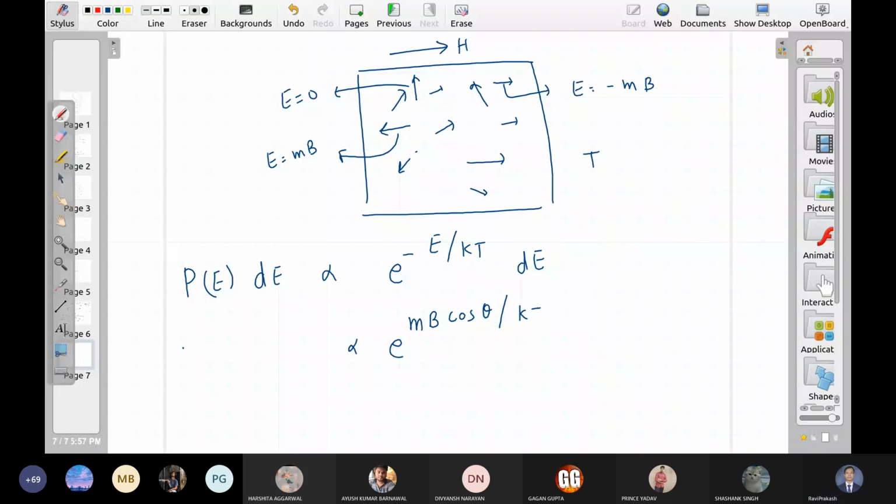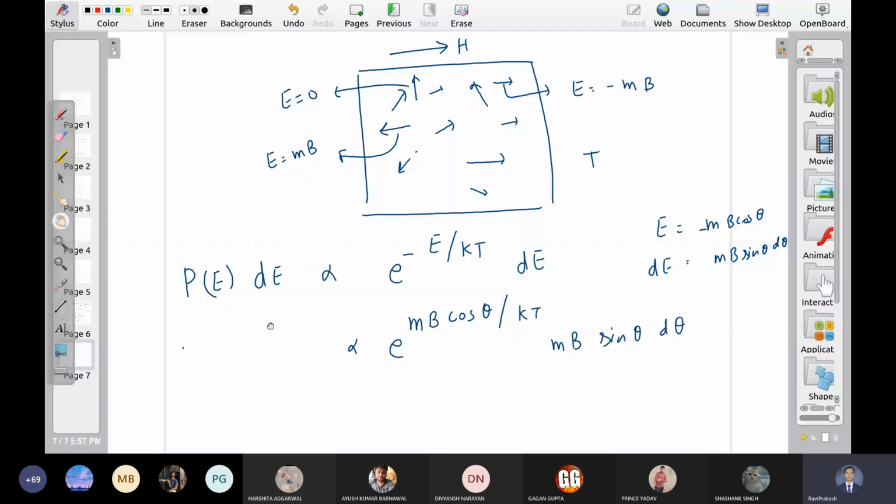What is dE? Let us calculate it. E is equal to minus mb cos theta. So dE is equal to mb sin theta d theta.